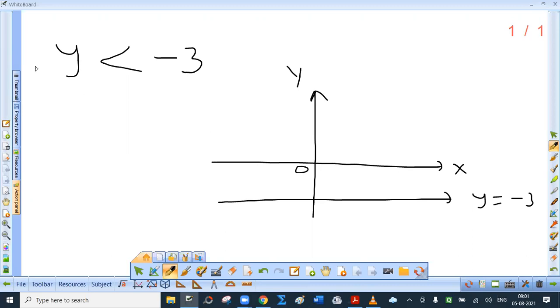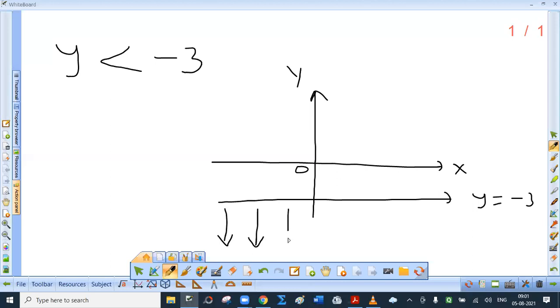Same. Is 0 less than -3? No. Consider this point, suppose (0, -1). Is -1 less than -3? No. This clearly indicates that the origin side is not the graph. The non-origin side is the graph.